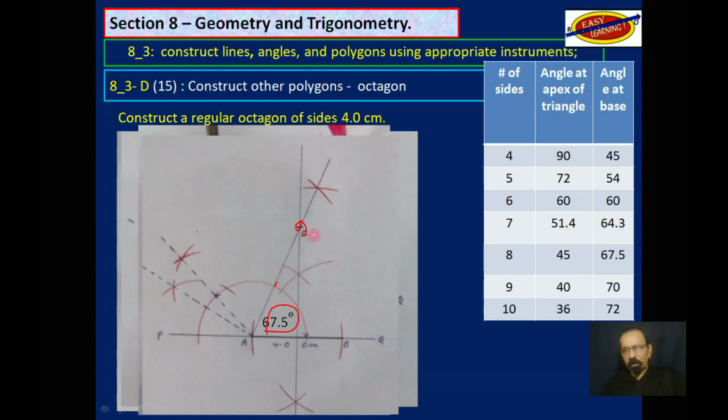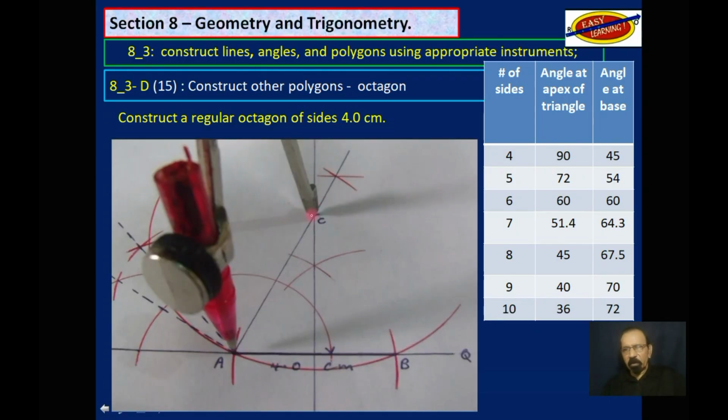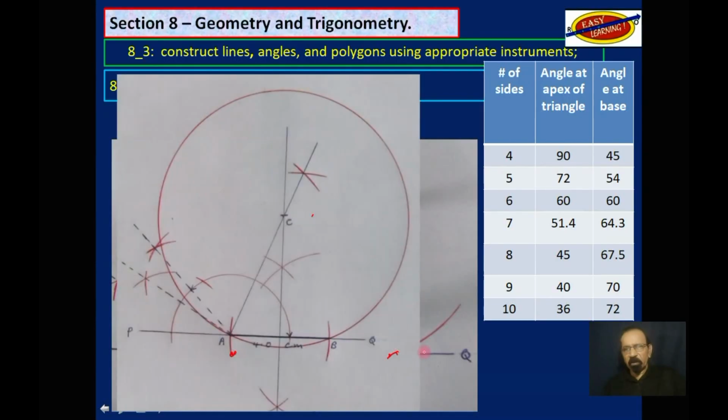So 67.5 reaches that perpendicular bisector at C. That will be the center of the circle that we will draw and mark off AB on the circle. So from here, C to here or here, we will make a nice circle around there.